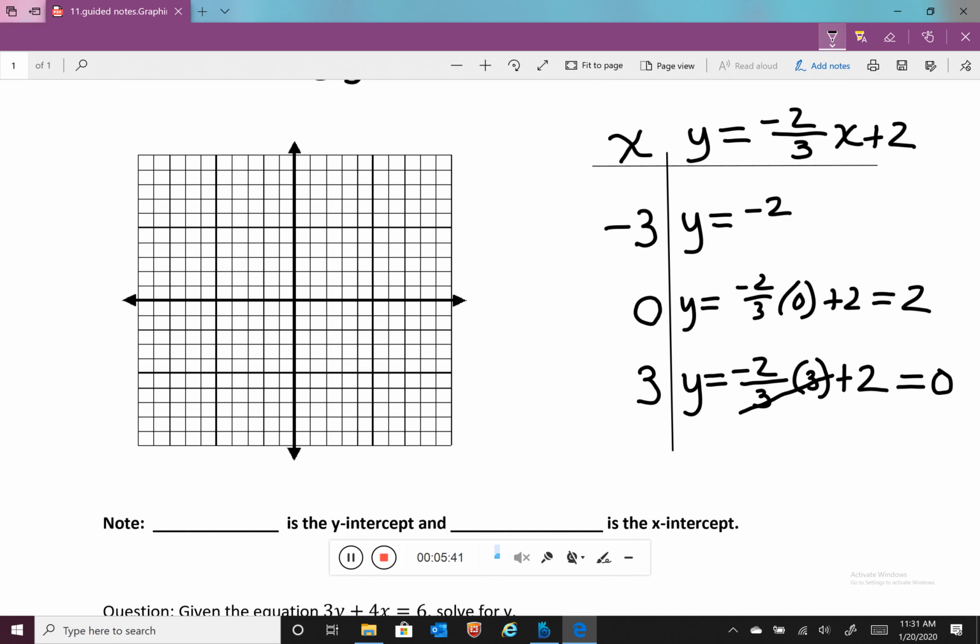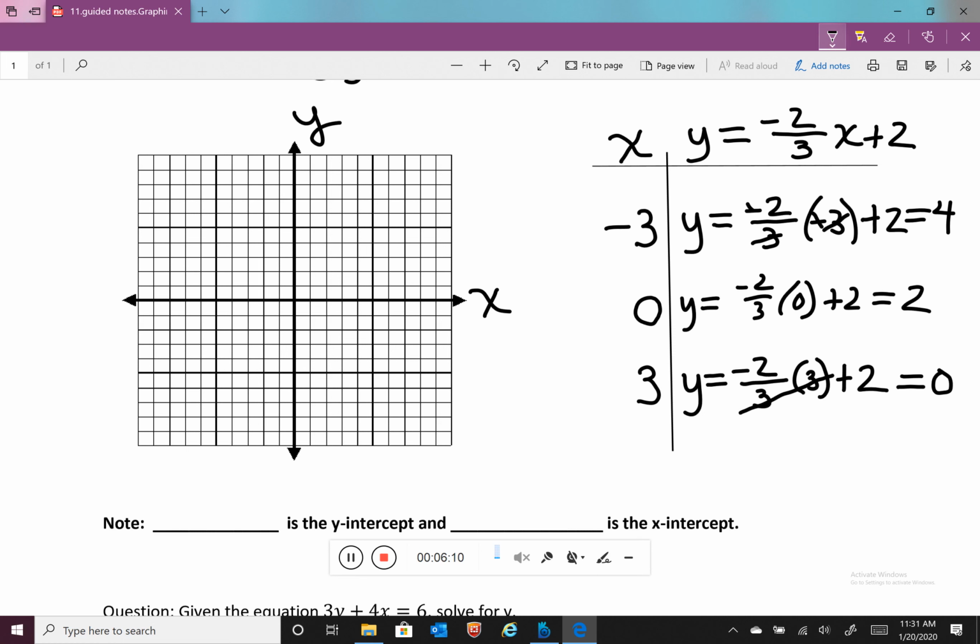So negative 2 divided by 3 times negative 3. The 3's are going to cancel this time, but the negatives will as well because a negative times a negative is a positive. So this gives us 2 plus 2 with an output of 4. Now, as I talked about earlier, make sure you always label your x-axis, your y-axis, and scale in all 4 directions.